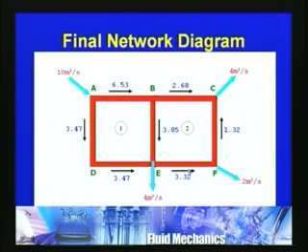Like this, the Hardy-Cross method is one of the easiest methods for pipe network analysis. We are using the generalized equation and the method of successive approximation, considering one loop at a time and iterating to get a solution.